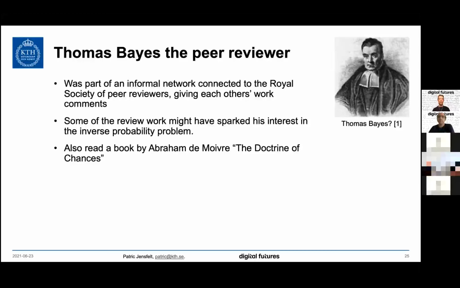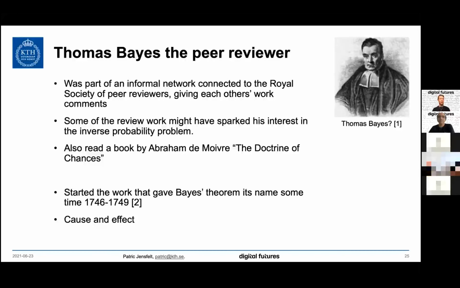He also read a book, The Doctrine of Chances, which was very popular among gamblers. And he started working on what would become Bayes' theorem somewhere in the period of 1746 to 49. The root of this was the interest in trying to figure out the relation between cause and effect.